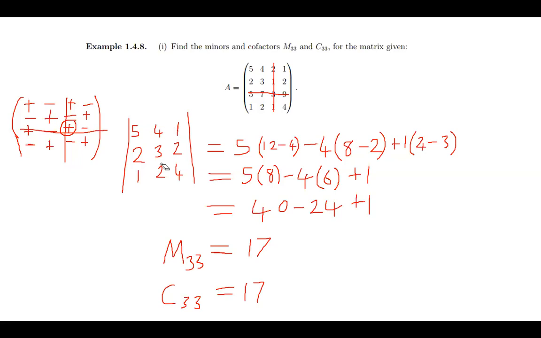So where I got 12 minus 4 is from here. If I'm getting 5, I'm going to delete the row where 5 is. I'm also going to delete the column where 5 is.